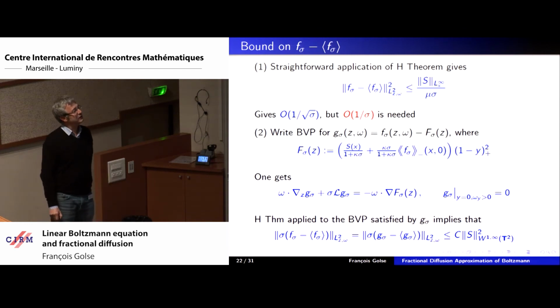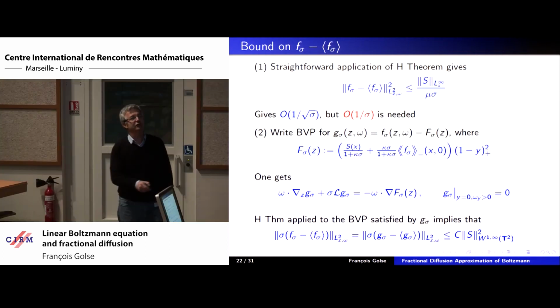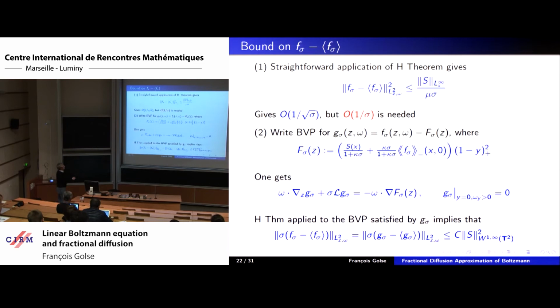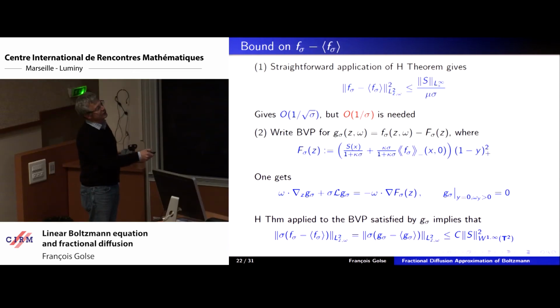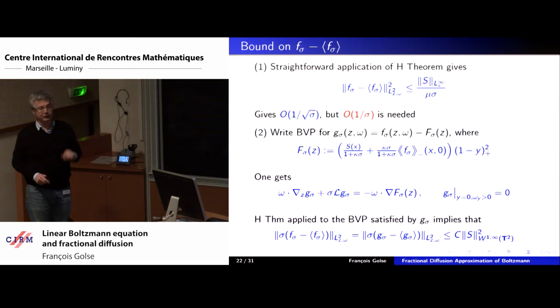So in order to get 1 over sigma, you need to do a similar estimate once again. You write the boundary value problem for this g sigma function, which is f sigma minus something which satisfies the boundary condition, right? Something that's equal to the radiation entering the domain, so that you get 0 on the boundary.